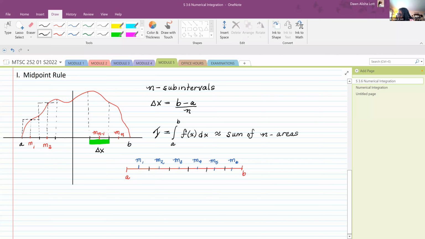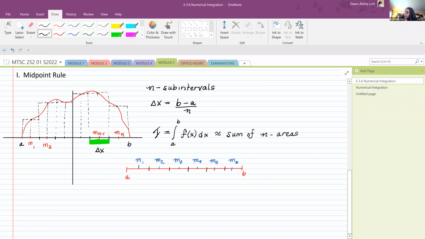Here's M3, so I'm going to go all the way up to M3 and draw a rectangle the height of f of M3, go all the way up to M4 and draw a rectangle the height of f of M4. Here's M, n minus 1, so that would be there. Draw a rectangle that height. And then this being the last one, I would draw a rectangle of that height.